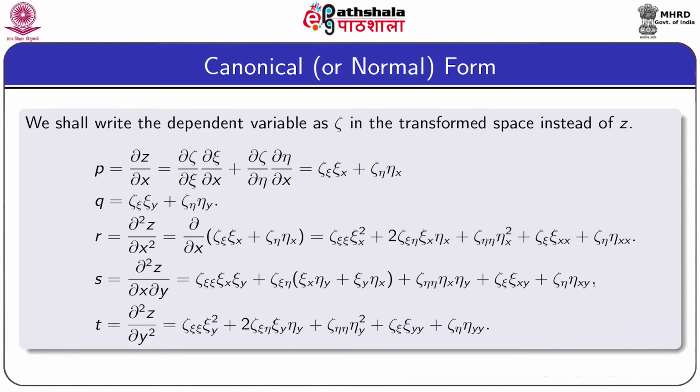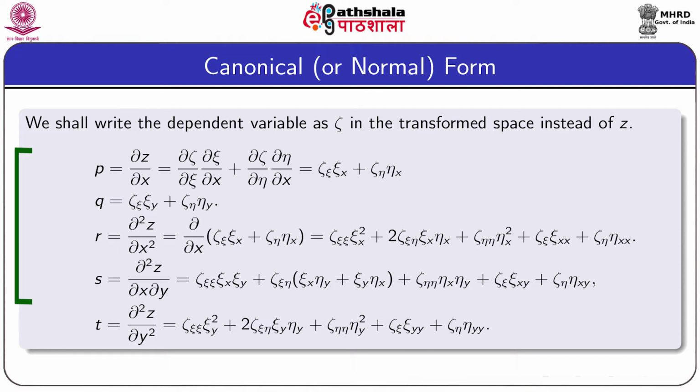Now, we want to write the given equation in terms of the new independent variables xi and eta, and we are writing the dependent variable zeta in the transformed space instead of z.